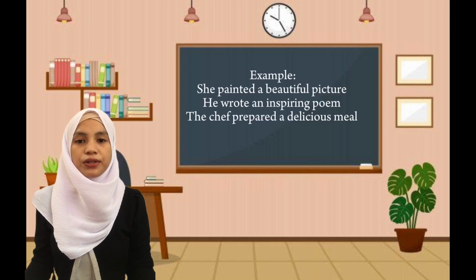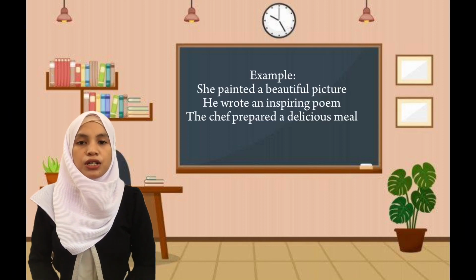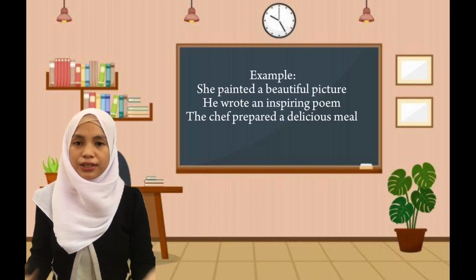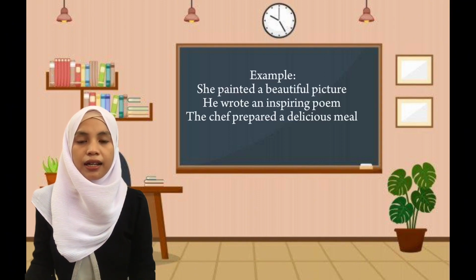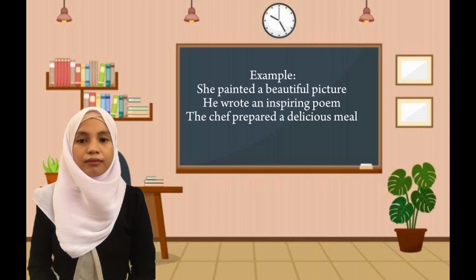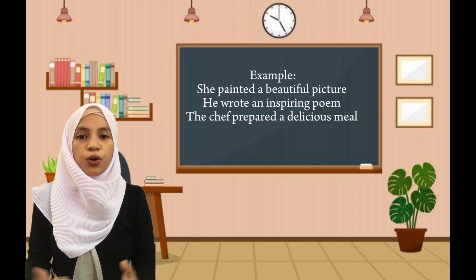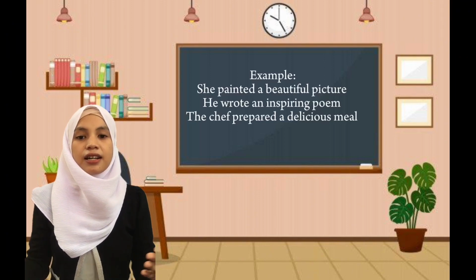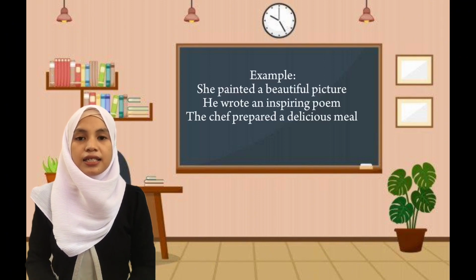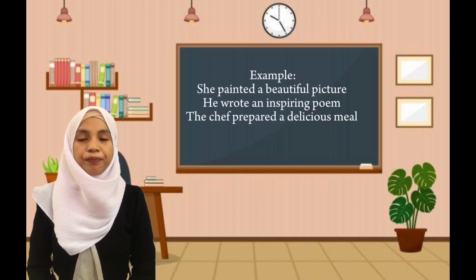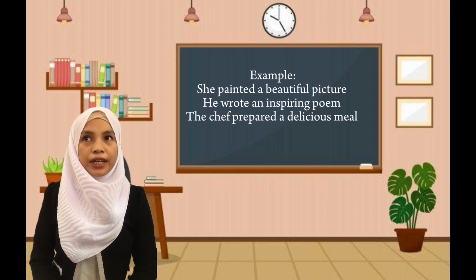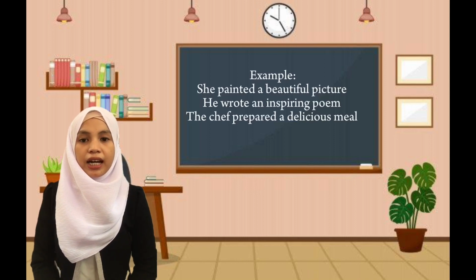So let's proceed to the number 2 example. He wrote an inspiring poem. Where do you think is the subject and the object? Okay, very good. He is the subject who is performing the action of writing, and the object of the action is the inspiring poem. Let's proceed to the last example: the chef prepared a delicious meal.